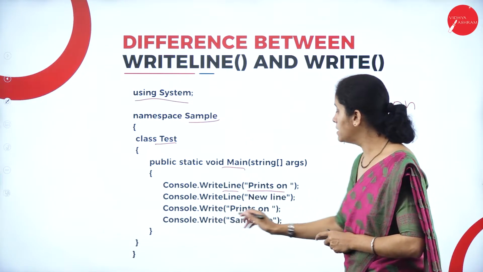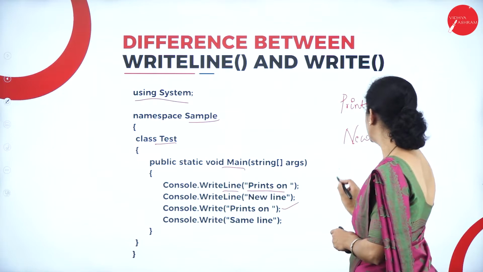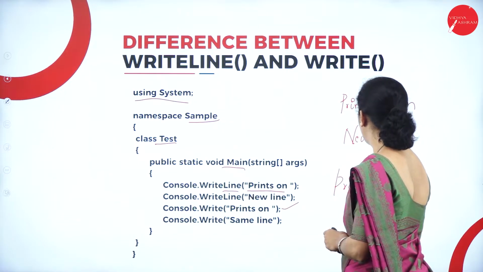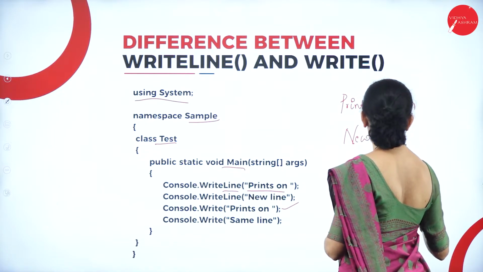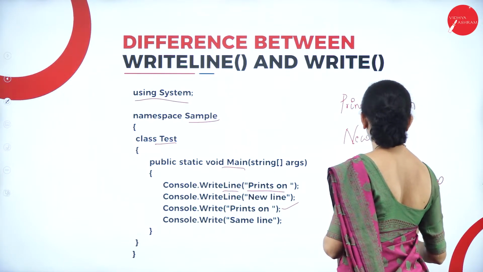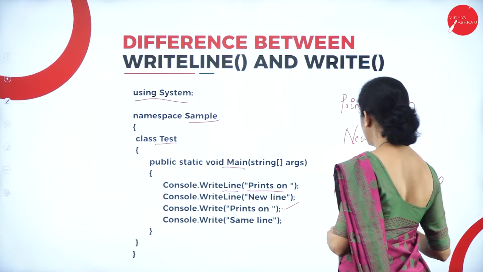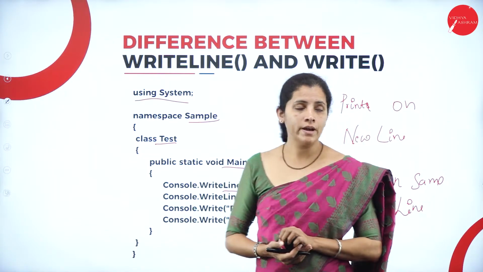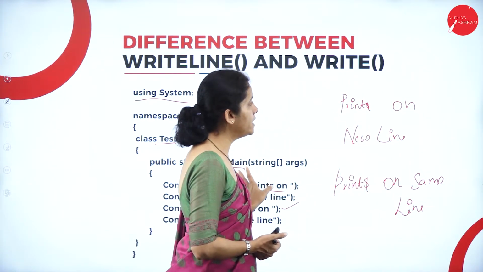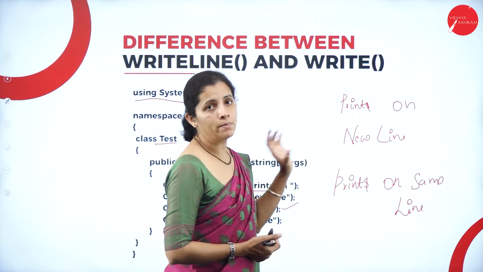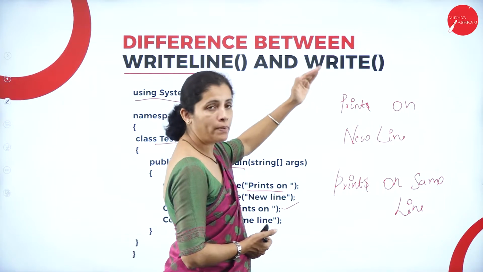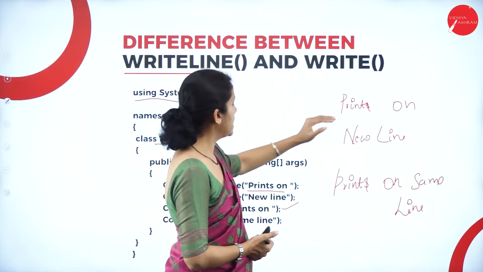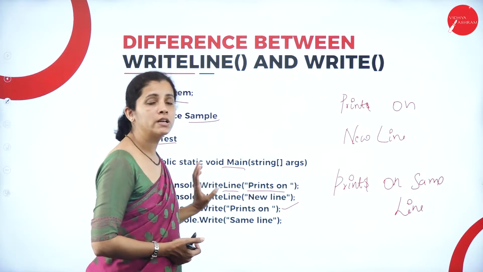And see, I have the third output. It is prints on same line. Okay, that means, see here, if I go with WriteLine, it is nothing but a line breaker. That means, if I want to display or print the content in the next line, then I can use WriteLine.